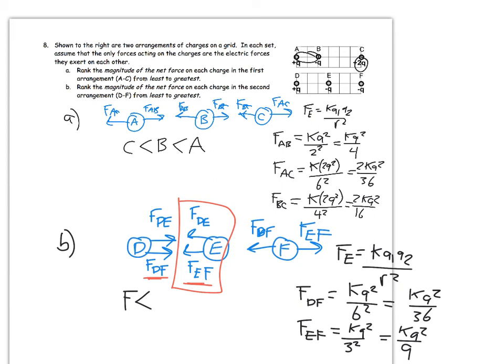It has this force FDE, just like object D does, but this extra force that's added to it, FEF, is bigger than the extra force added to object D, FDF. And so our ranking is going to go F is less than D, which is less than E.